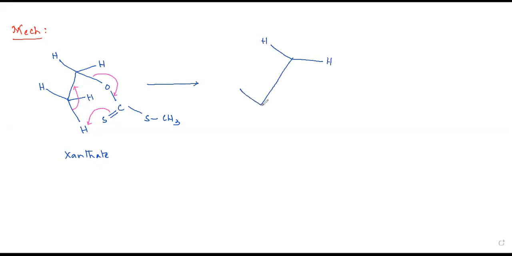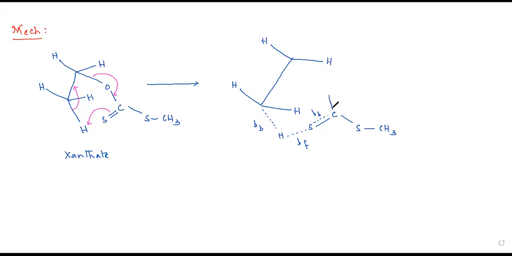Then these two as it is. Now, this bond is going to get broken, right? Then this one is the bond that is going to get formed. Then this, then this.